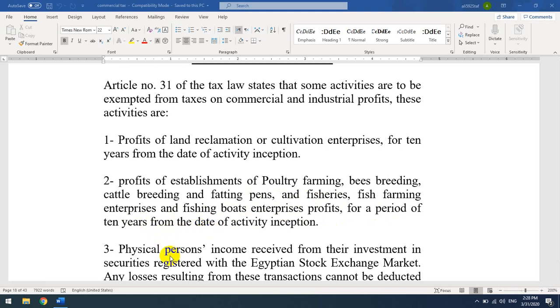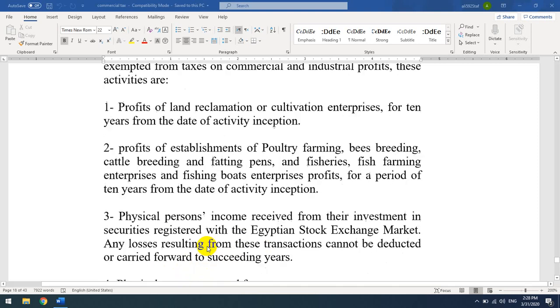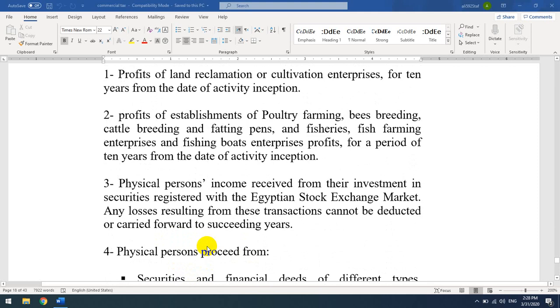Number 3, physical person income received from their investment in securities registered with the Egyptian stock exchange market, any dividends or gains received from investment in securities in companies whose securities are outstanding in the Egyptian stock exchange market.